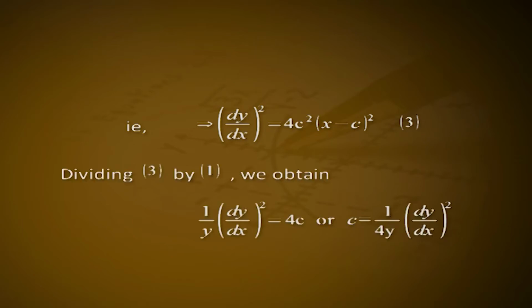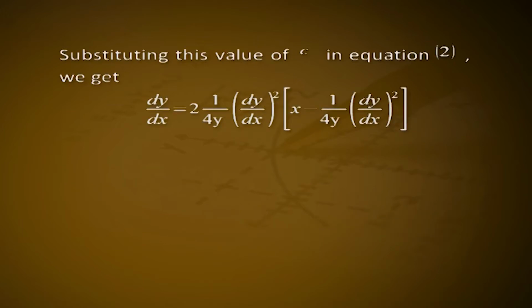Dividing the third equation by the first equation, we obtain (1/y)(dy/dx)² is equal to 4c, or c is equal to (1/4y)(dy/dx)².